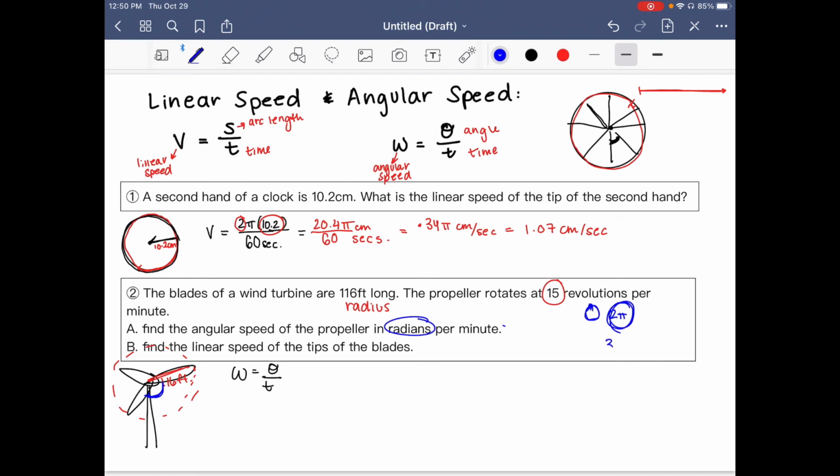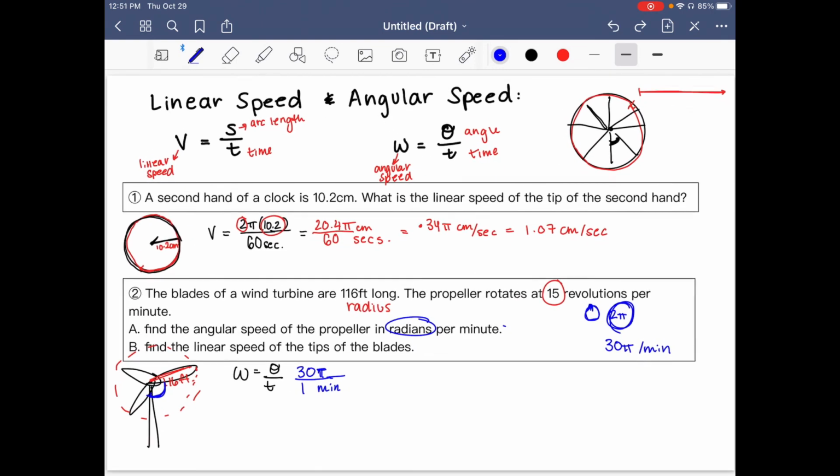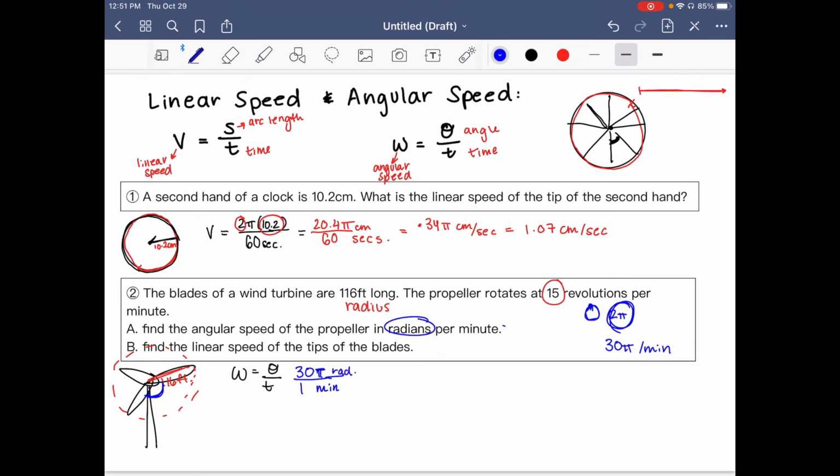So really, I'm going 30 pi per minute. So our angle here is 30 pi, and our time is 1 minute. 30 pi feet. Sorry, not feet, because we're talking about an angle. 30 pi per minute. This is radians. Okay, so that would just be our final answer, 30 pi radians per 1 minute.